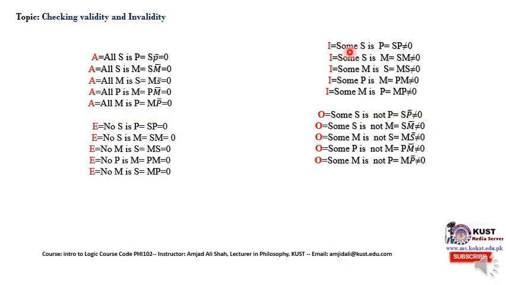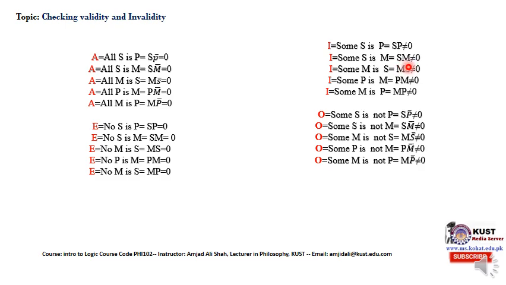In the particular affirmative proposition, that is I, Some S is P, that is SP is not equal to 0. If you remember, we put an X in the clause of the SP area. In a universal proposition, we shade the area, but in a particular proposition, we only put an X. Likewise, Some S is M, SM is not equal to 0.